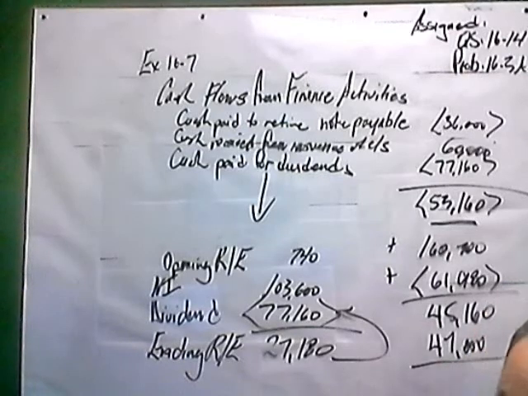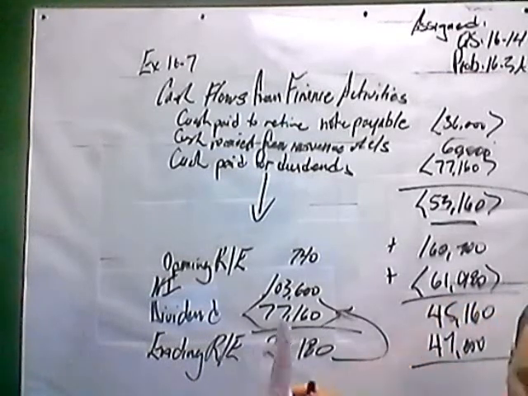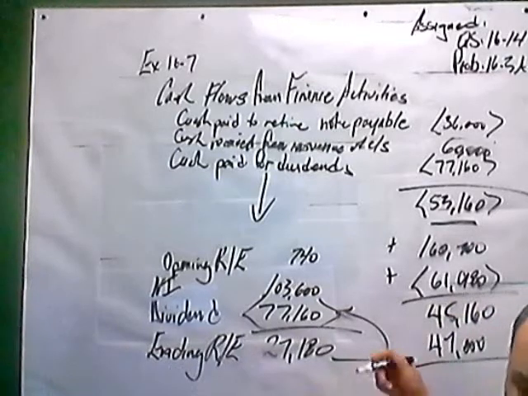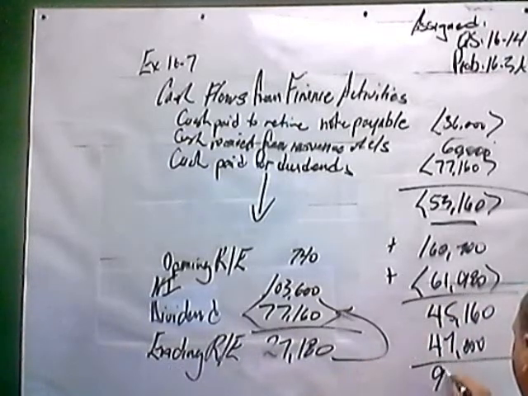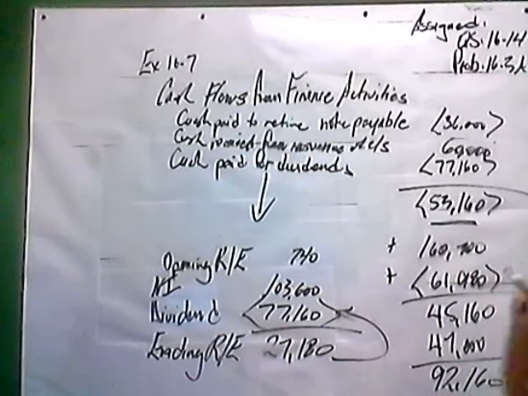Right, because 45,160 plus 47,000 is a total of 92,160. And this amount here is on your balance sheet as the ending cash balance for 2020.